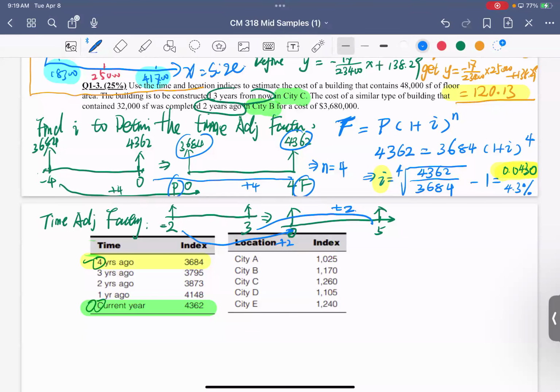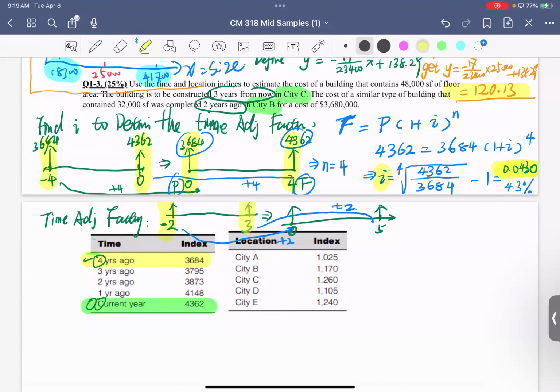You only need to show me this cash flow chart in green. Then we can determine that n here is equal to 5. That is where the 5 comes from.